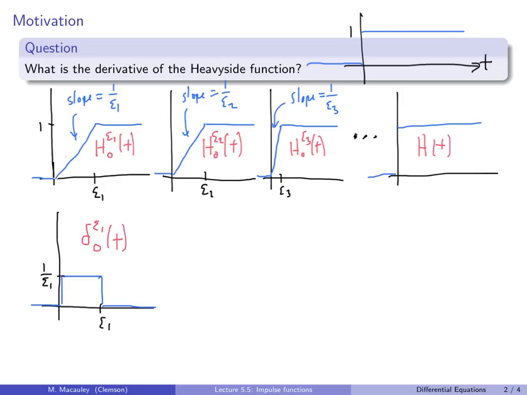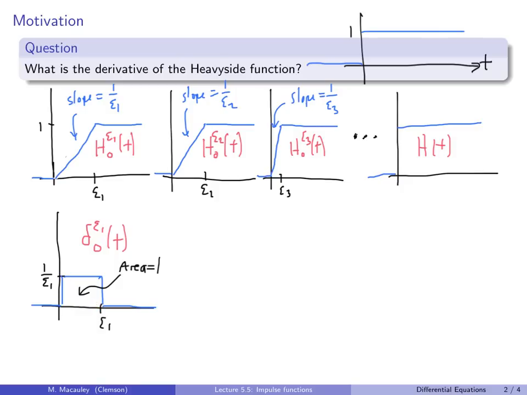One thing to note is that the area under the curve is 1. And that makes sense because this function eventually goes up to 1. This has width epsilon 1 and height 1 over epsilon 1.